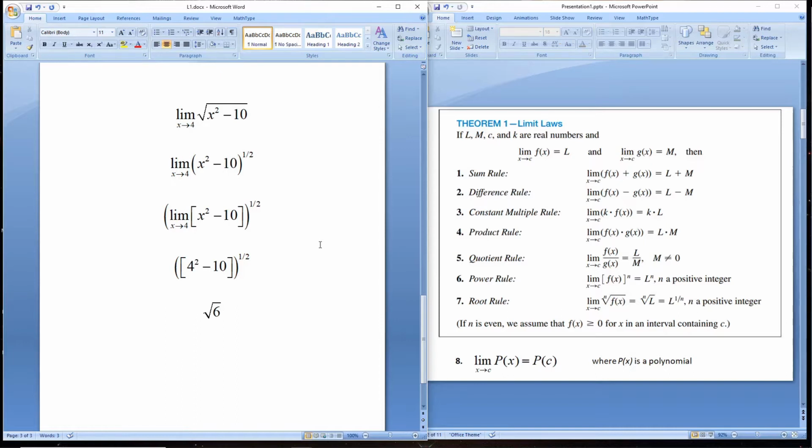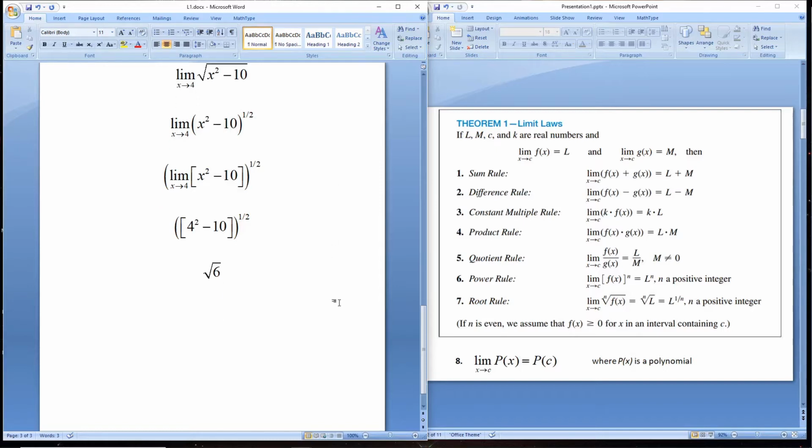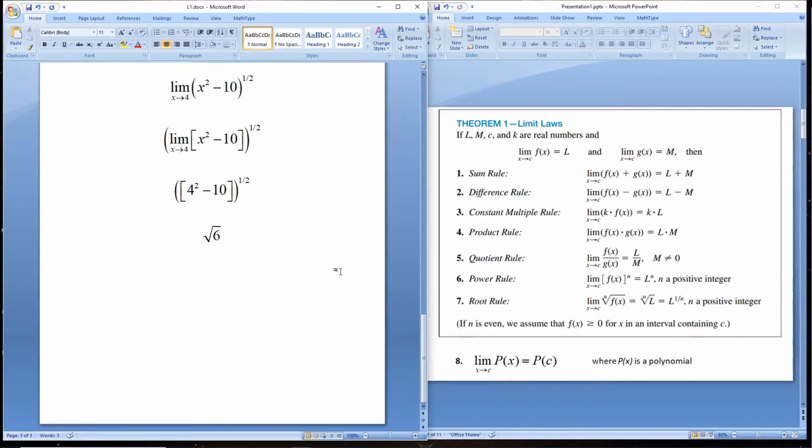It's a good thing to be able to identify. And this simple result of just plugging in the number will always work unless there's a gap.